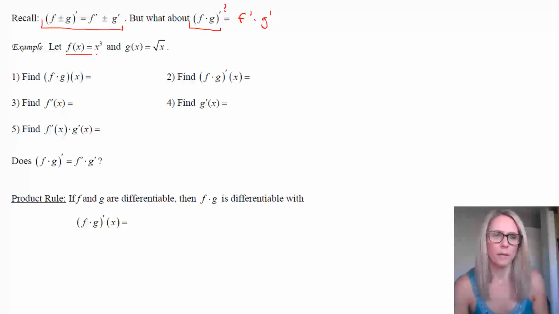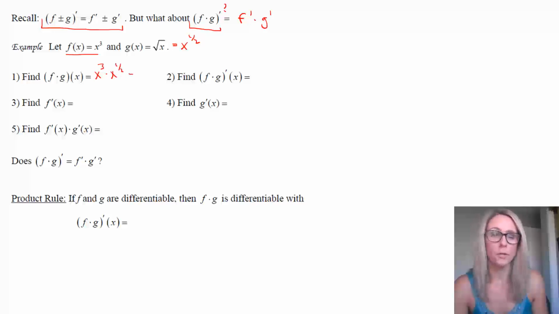Let f of x be x cubed and g of x be the square root of x, which is the same as x to the 1/2. If we multiply them together, we get x cubed times x to the 1/2.